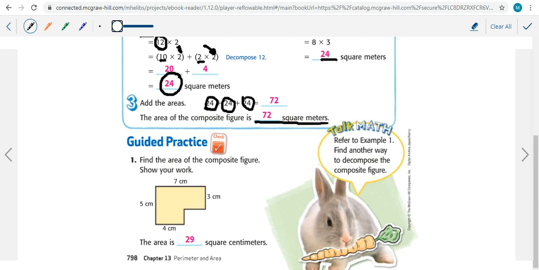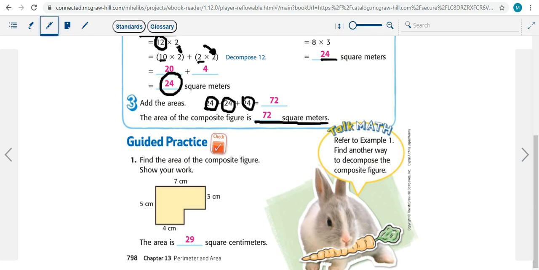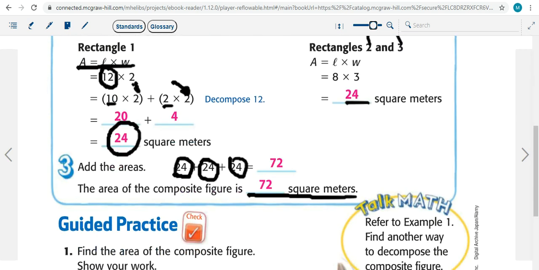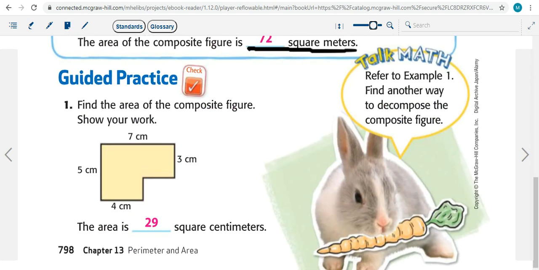Now, let's see number 1 from guided practice. Find the area of the composite figure. Show your work.